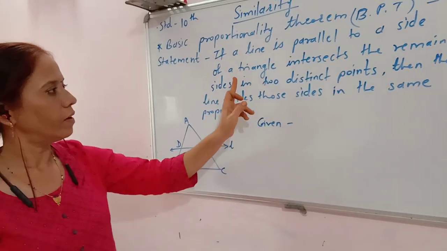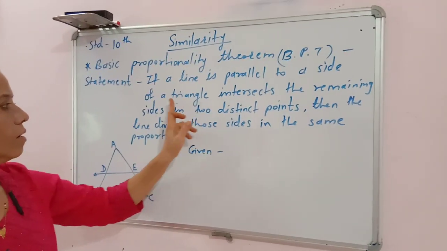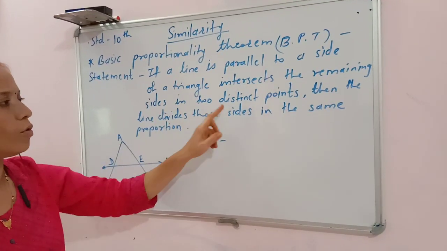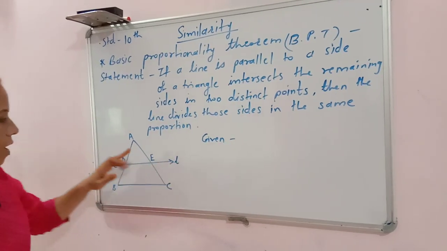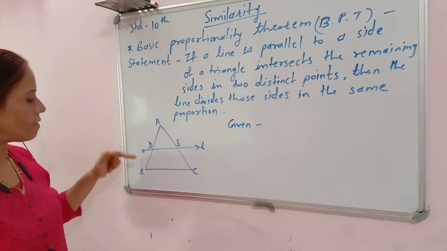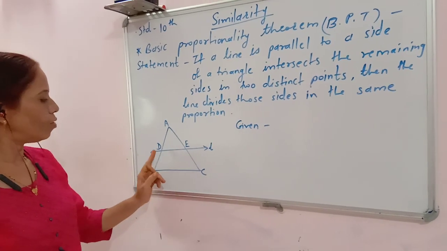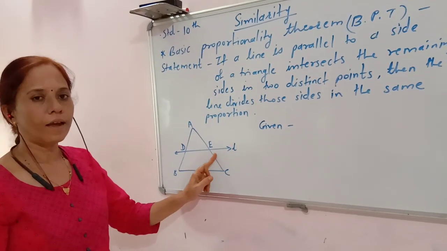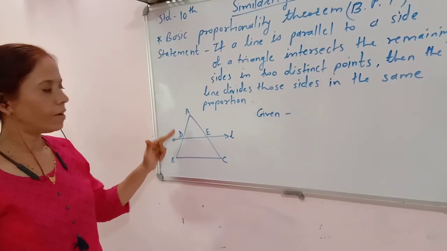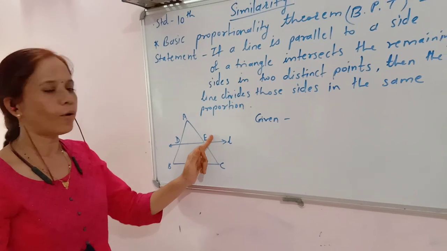Then the line intersects the remaining two sides in two distinct points. Now if this line L is parallel to BC, it intersects these sides AB and AC in two distinct points, that is D and E. Means this line L intersects side AB in point D, it intersects side AC in point E.